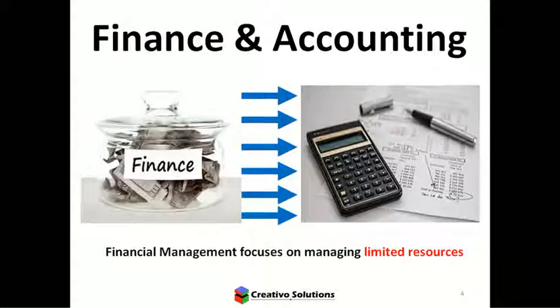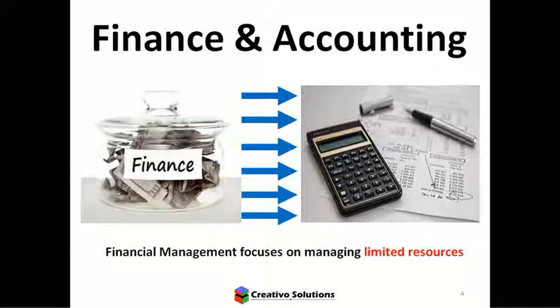So the accountants generate that information from all the transactions that arise when dealing with the actual decision making around managing finance. Because if we're going to be managing finance, there are going to be certain decisions that will give rise to certain transactions, and those transactions will be recorded in the accounting department.